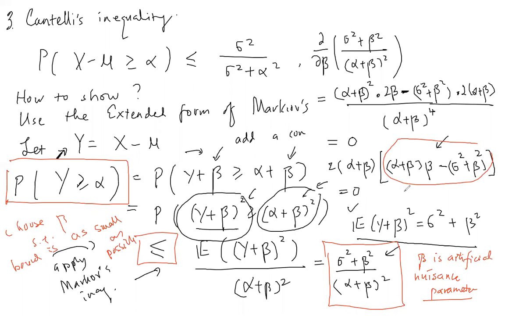Okay. So from here, so basically what do you have? So expand, you get alpha beta plus beta square equals sigma square plus beta square, right? For it to be 0, so beta square disappears, and therefore you have beta is equal to sigma square over alpha.